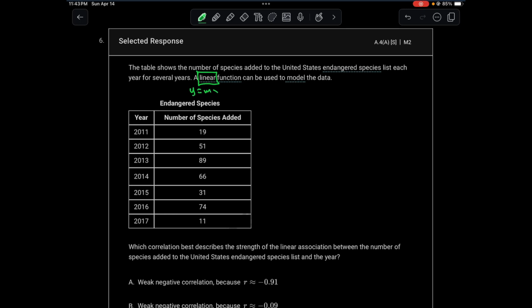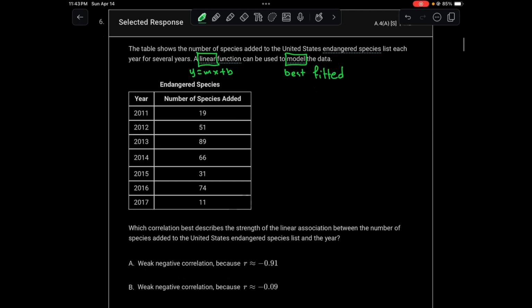Y equals mx plus b can be used to model. Model, that's another keyword. It may not be exact. It may be a best fitted line that I'm looking for. That means I'm going to put all of this data in, not just 2. If it's an exact line, then I put 2.